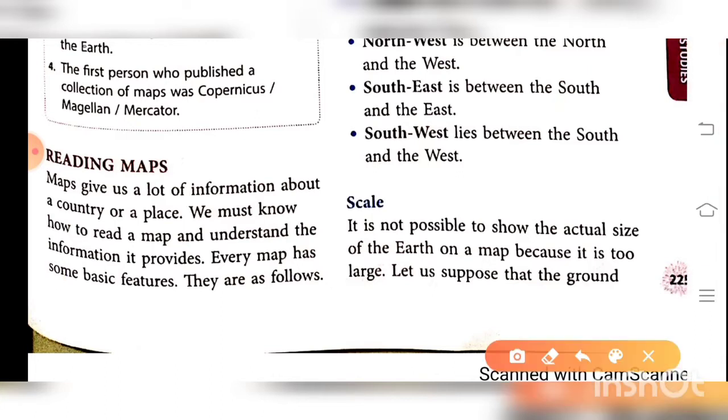So students, let's see maps, reading maps. We must know how to read and understand the information which the maps provide. And a map has different features or qualities.